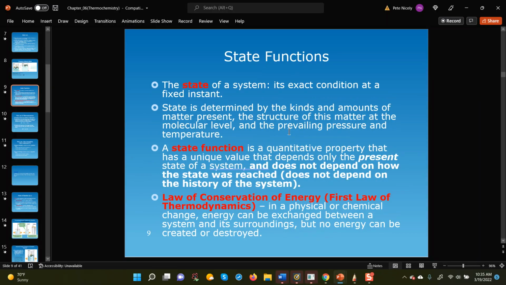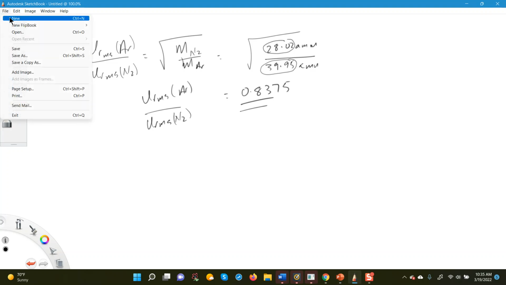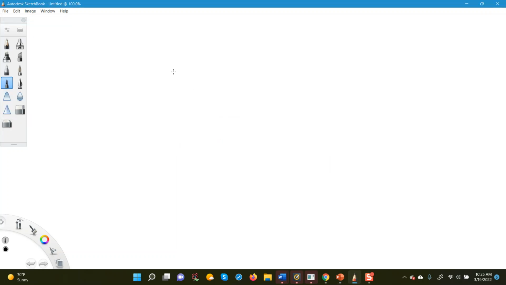Let me get out of this here, and let me go back to my writing tablet. Let me get rid of this. And let me just give a few simple examples. So let's say you have hydrogen gas, and let's say the pressure of the hydrogen gas that you have is 2.00 atmospheres, right?